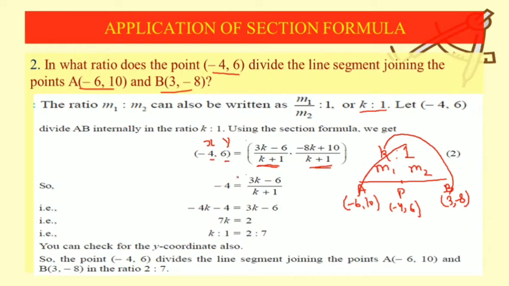So we have taken minus 4 here and this x coordinate we have written in terms of k. On doing the calculation we will get k equals 2 upon 7. So we can write the ratio k ratio 1 as 2 ratio 7. So here in this question the ratio in which P divides AB is 2 ratio 7. So this way we will find the ratio.